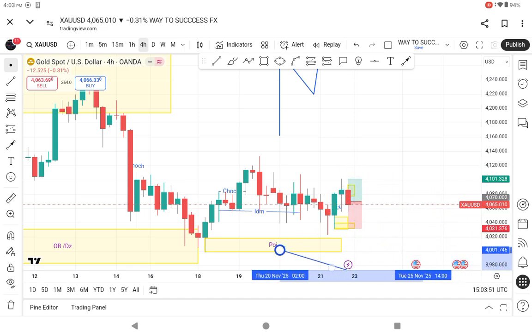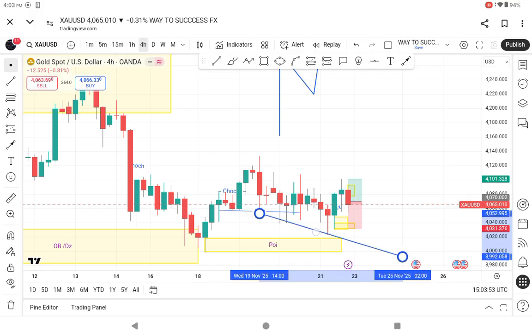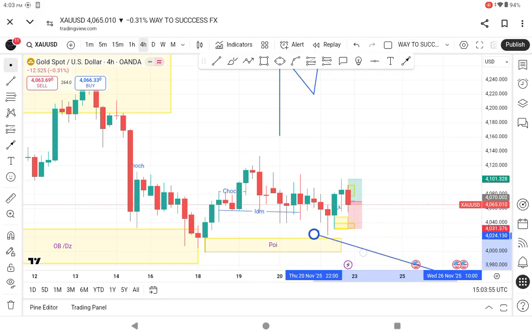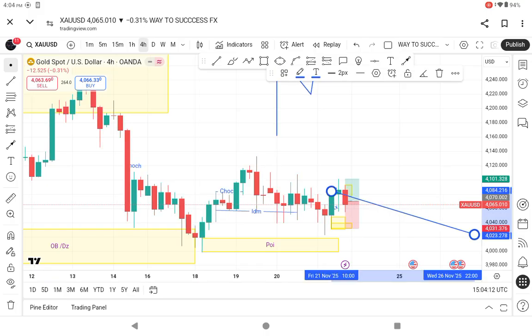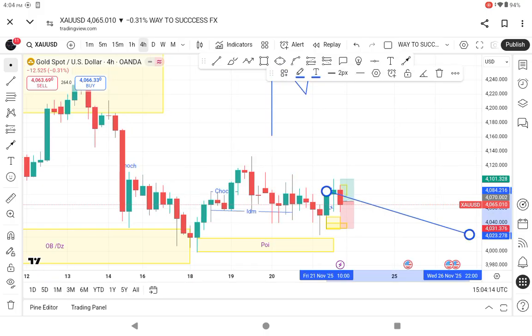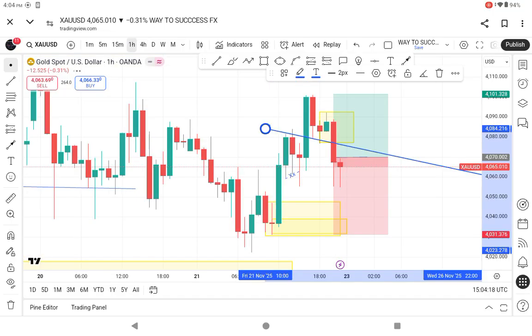So that alone, reacting below this liquidity inducement and taking these lows, which is like a low, a high, a low. So price swept this low and rejected below it, closing above. So now what am I looking for? Since this has happened here, let me go down to H1 to see what is happening.